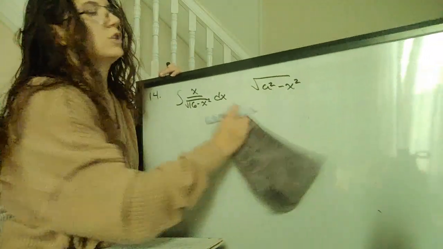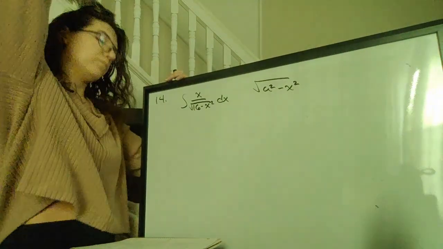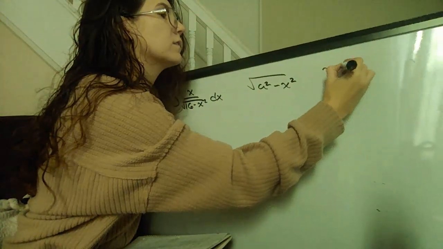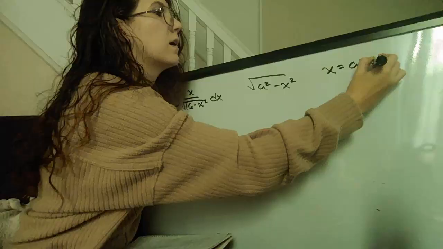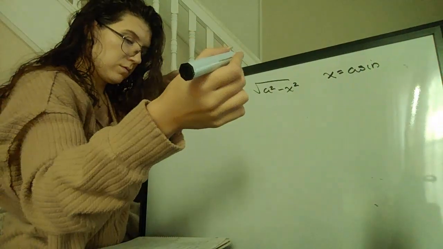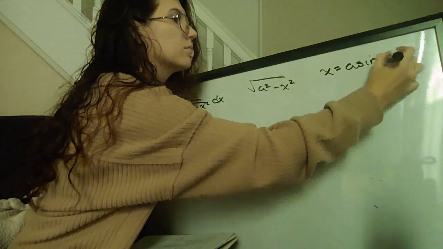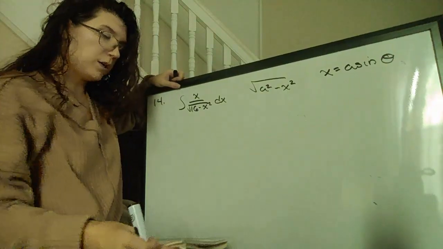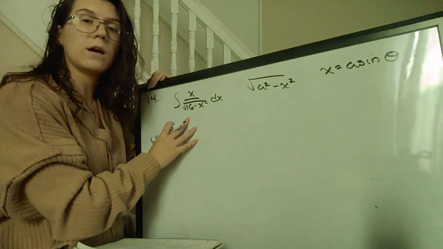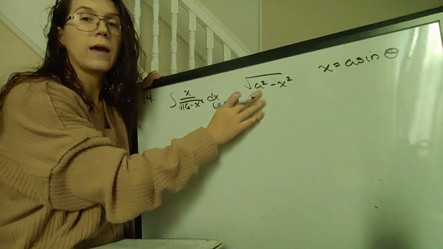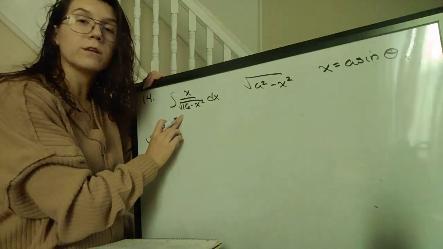With this one, I'm going to erase our other ones. This one is associated with our sine function. So we are going to have x equals a sine theta. Since we have 16 and we want a squared, a is just going to be the square root of whatever this number is.